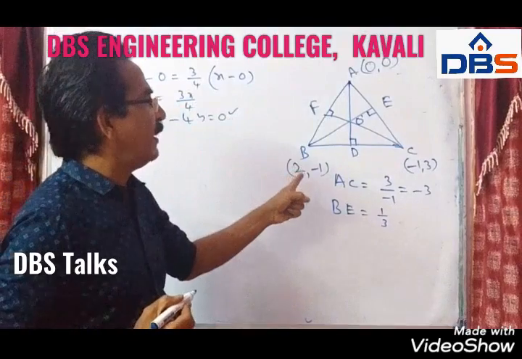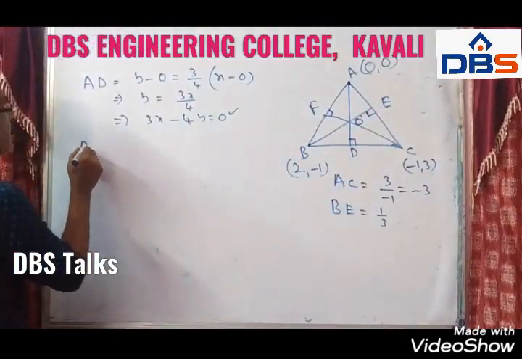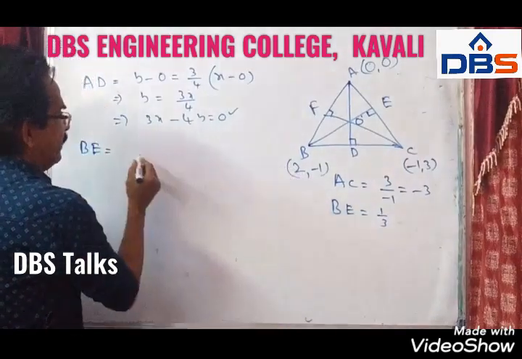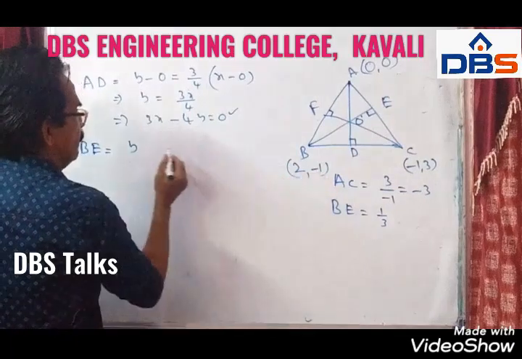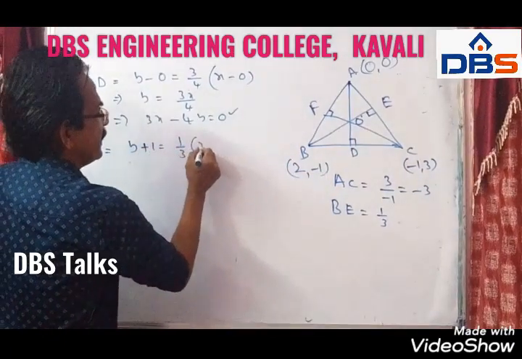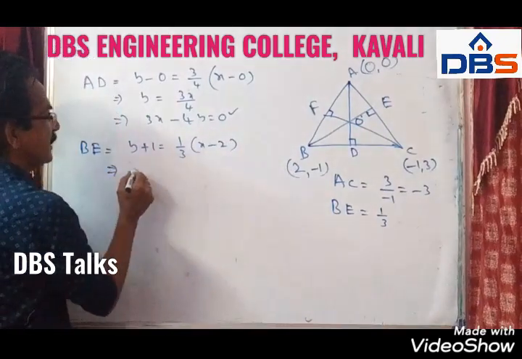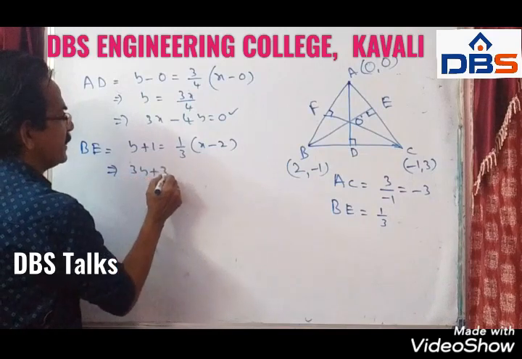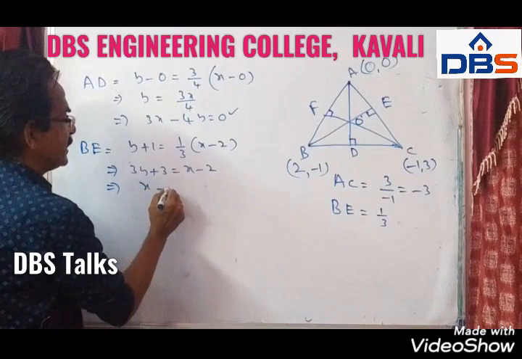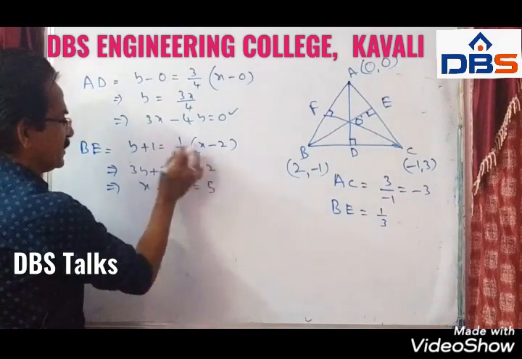Now we have to find the equation of BE. Y minus y1, y minus of minus 1, is equal to m into x minus x1. It implies 3y plus 3 is equal to x minus 2. It again implies x minus 3y is equal to 5.